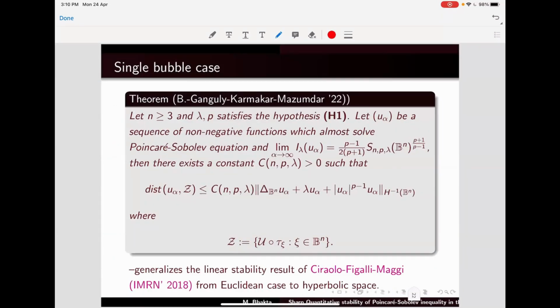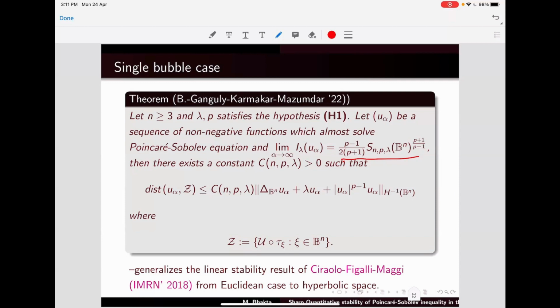In these recent works, we have shown that if we take a sequence of non-negative functions which almost solve the Poincare-Sobolev equation, and whose energy is close to the energy of one single hyperbolic bubble, then the linear stability result holds.